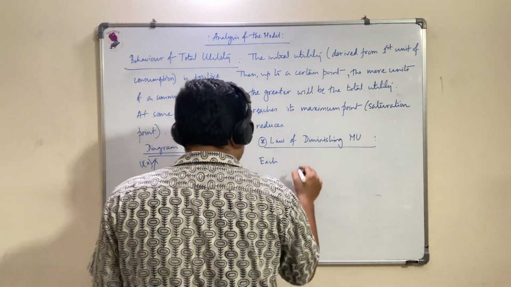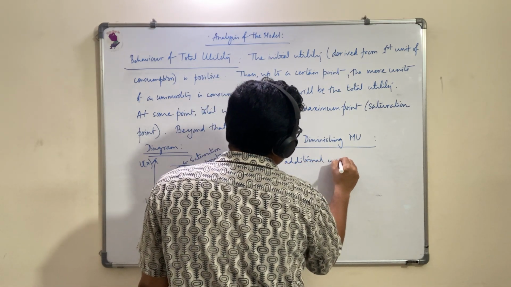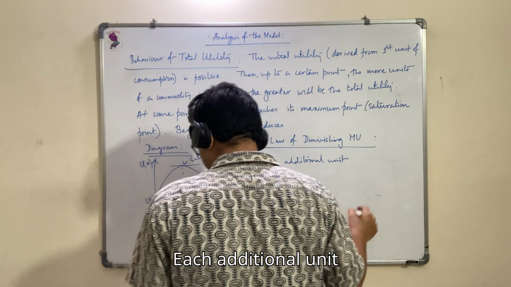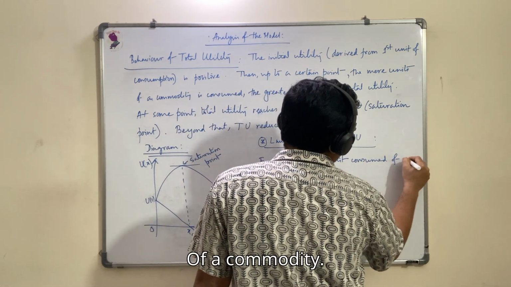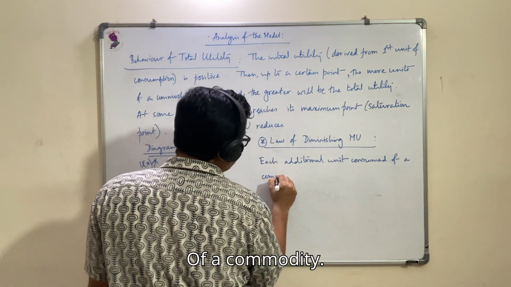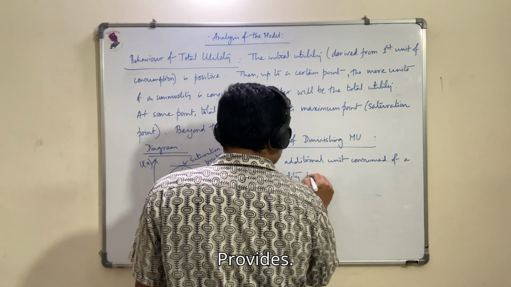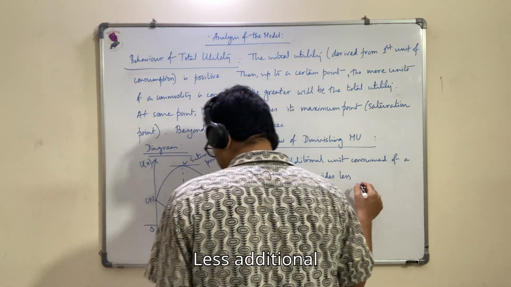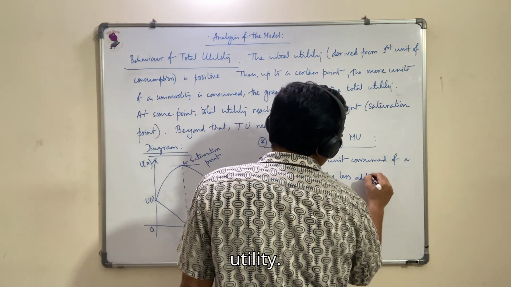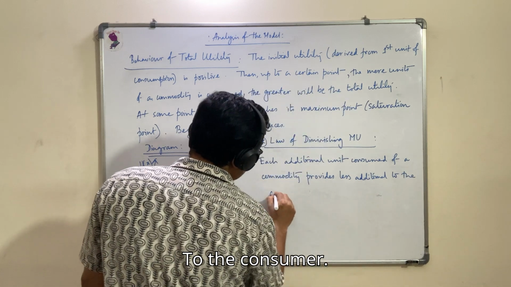Each additional unit consumed of a commodity provides less additional utility to the consumer.